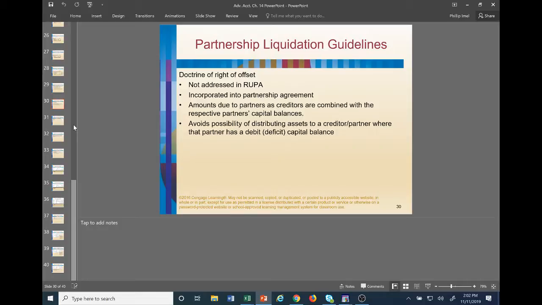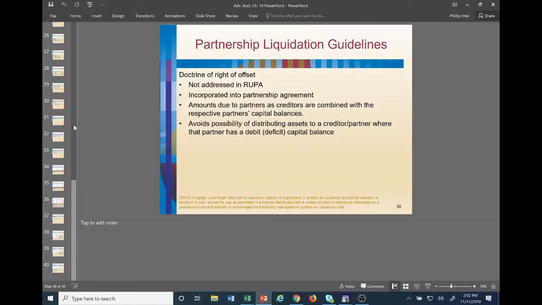Although amounts due partners that represent obligations on parity with other creditors have a higher legal priority than amounts owed to partners as capital, the doctrine of right of offset sets aside this ranking in favor of procedural and economic considerations that facilitate the actual liquidation process. Now, this doctrine is not addressed in the RUPA, but may be incorporated in the partnership agreement.